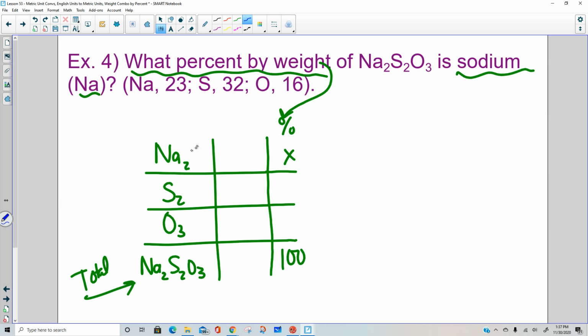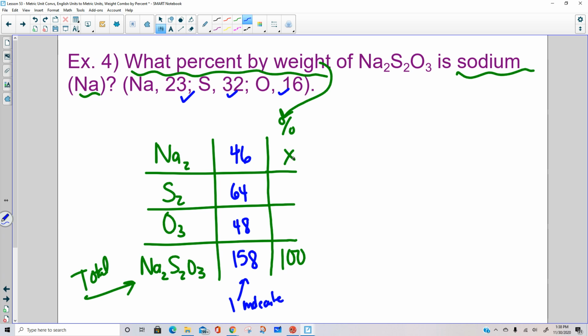So let's finish filling this out. We've got 2 sodiums, 2 Nas, 2 times 23, 46. We've got 2 S's, so 2 times 32, 64, and we have 3 O's. 3 times 16 is 48. Great, so when I add all those up, one molecule is 158.